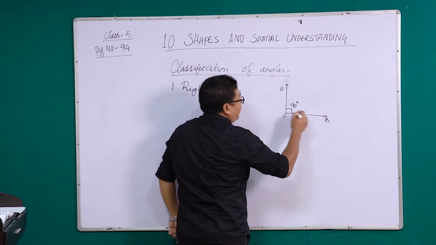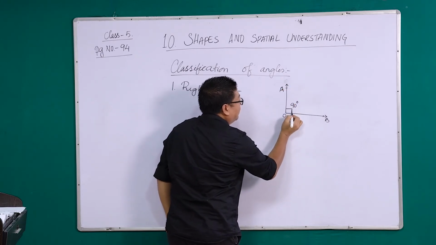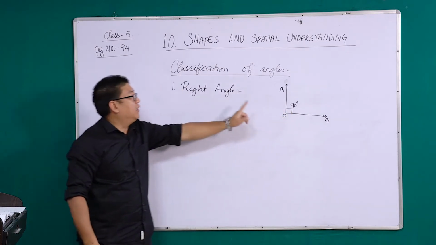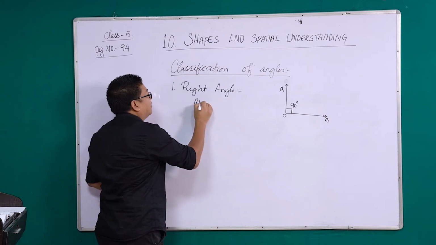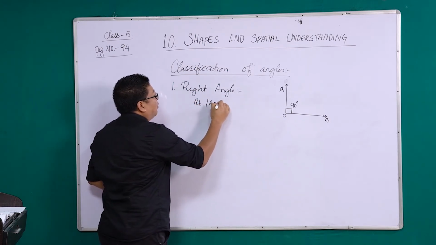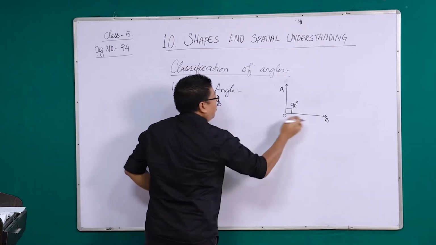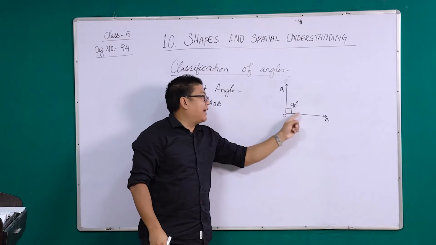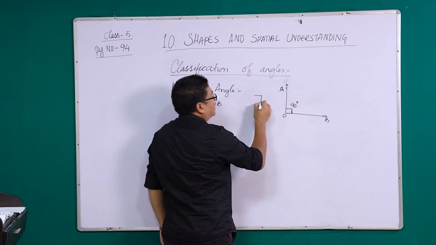These rays will form 90 degrees, and this particular angle with 90 degrees is called a right angle. Okay, so you can write it like this: right angle AOB, or right angle O, or right angle BOA. So a right angle is simply an angle with 90 degrees.